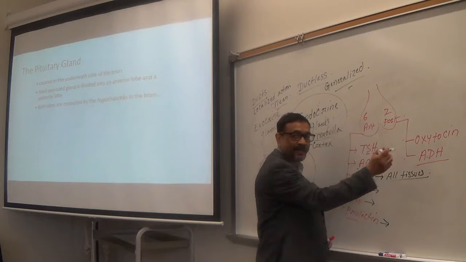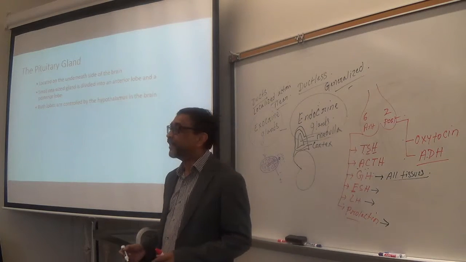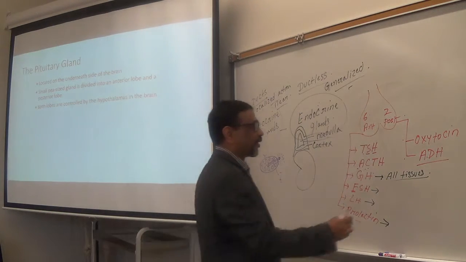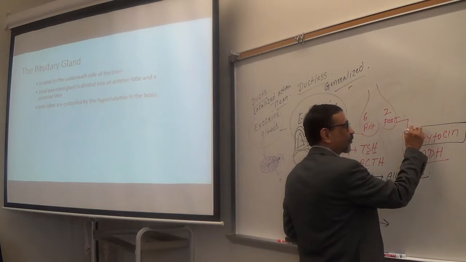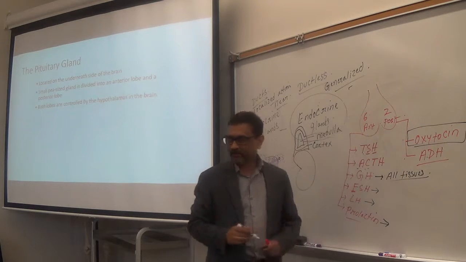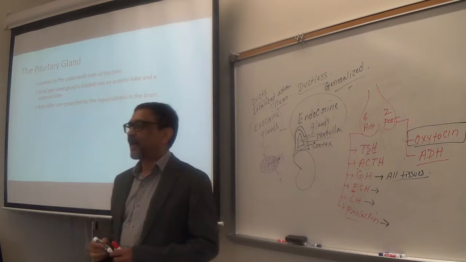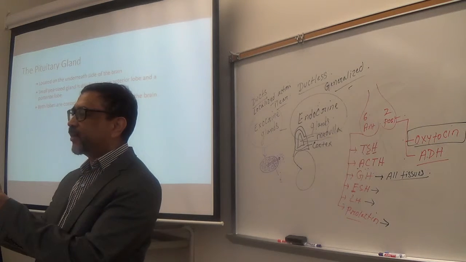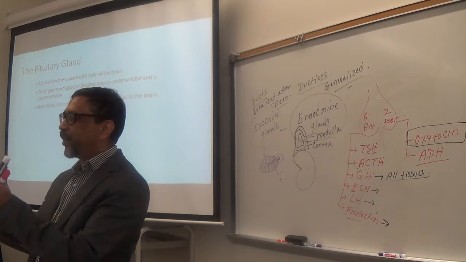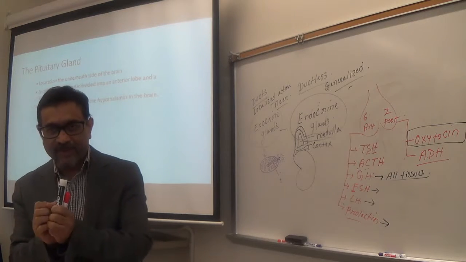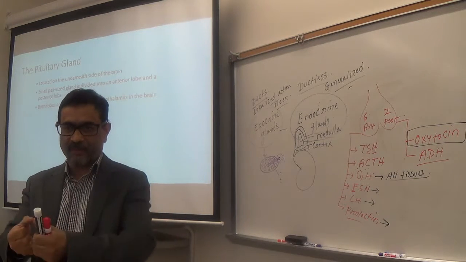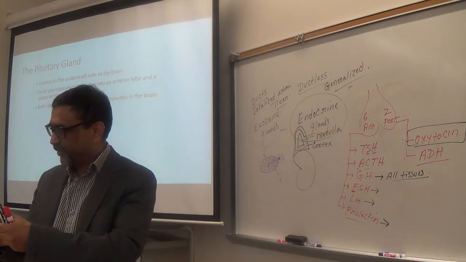Oxytocin and antidiuretic hormone, or ADH. Oxytocin is a very powerful hormone. It helps in uterine contraction during childbirth. You know, during childbirth, strong contraction of the uterus occurs.